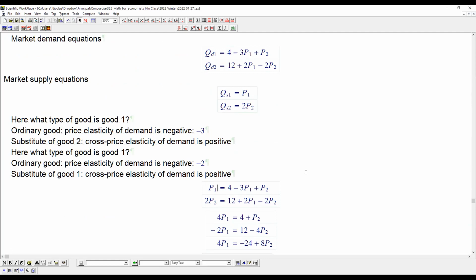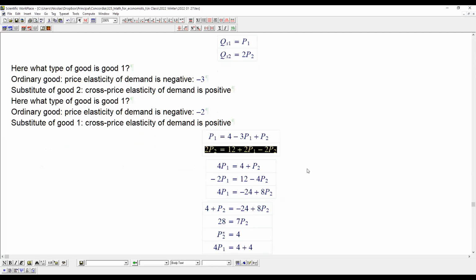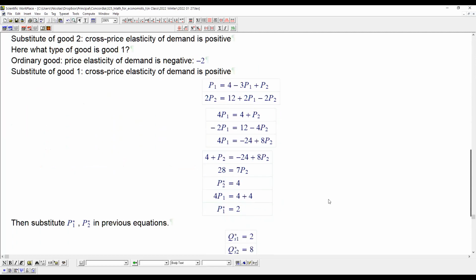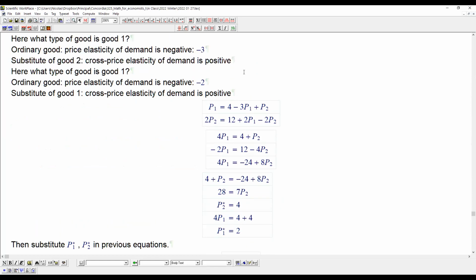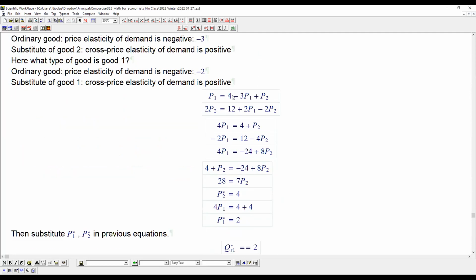So that's always what we're trying to do. We're trying to use our equations and substitute variables to get rid of them. It's the same thing we would do with a 2 equations, 2 unknowns system, but we just start with more. And here we apply our equilibrium condition for 2 equations. So in this case, we find this, and this is of course equal to the demand as well.